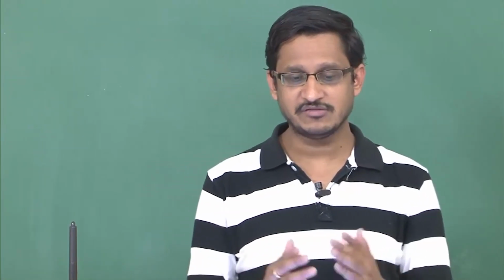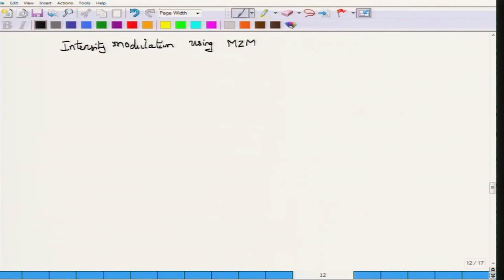We will have more to say about the IQ modulator later, but let us look at one additional use of the Mach-Zehnder modulator in this module, starting with intensity modulation and then covering how we can generate optical pulses using the Mach-Zehnder modulator. We have already seen how the Mach-Zehnder modulator can be used to modulate the amplitude of the incoming light field.